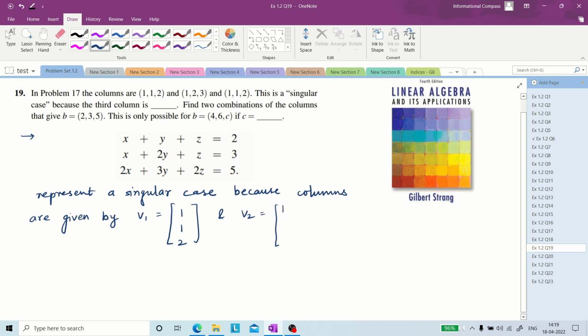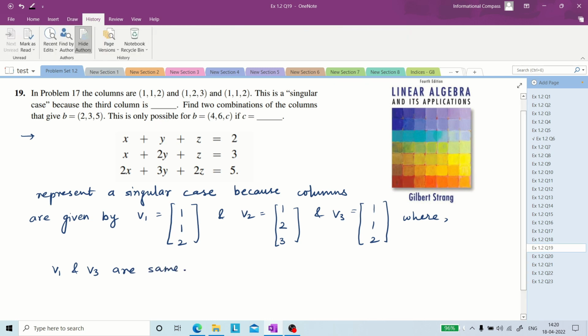Tell me. 1, 2, 3, and V3 is equal to, okay, 1, 1, 2. Very good. Where V1 and V3 are the same if you observe.